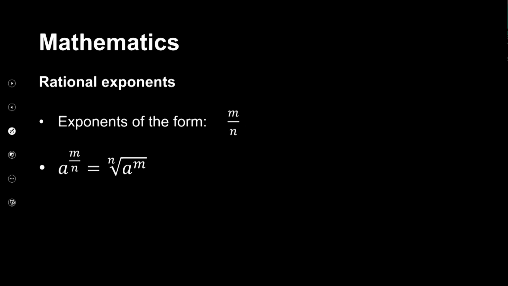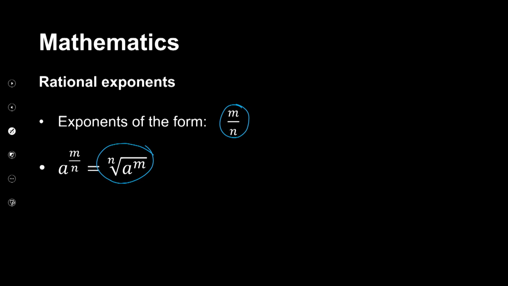So exponents as well, that we call rational, remember from rational numbers, a rational number will be a number that can be written as a fraction. Now, when it becomes an exponent, it means it's an exponent that is in the form of a fraction. And to change it to be a radical, we then write it as the nth root of a to the exponent of m.